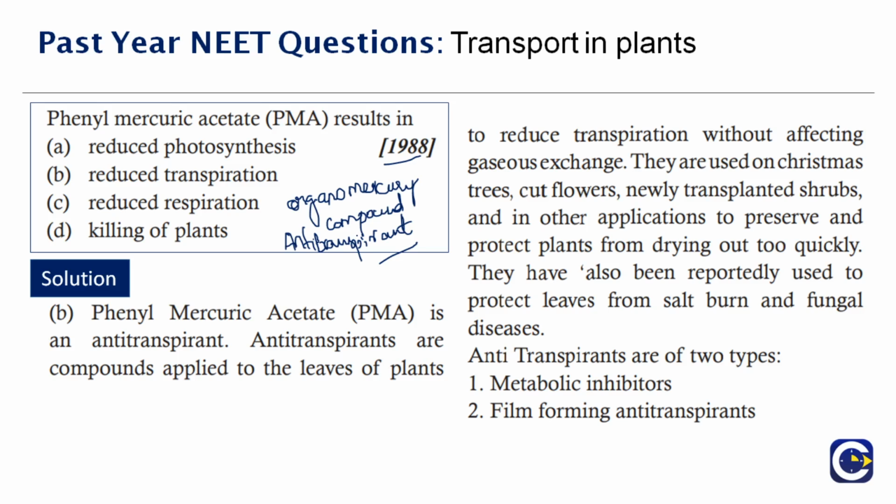What it does is prevent transpiration, to stop the plants from dying easily. Mostly they are used on Christmas trees, cut flowers, newly transplanted shrubs. To expand their life, we use phenyl mercuric acetate. Therefore the correct answer to this question is option B, reduced transpiration.